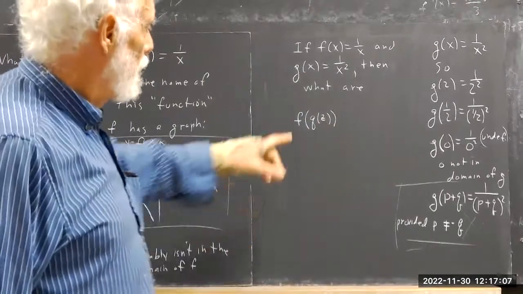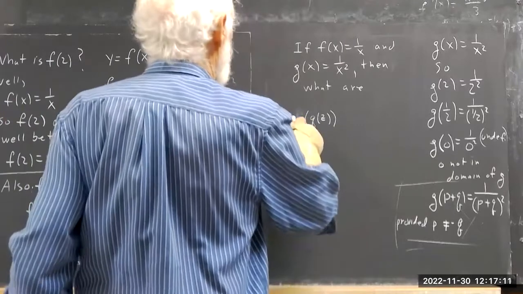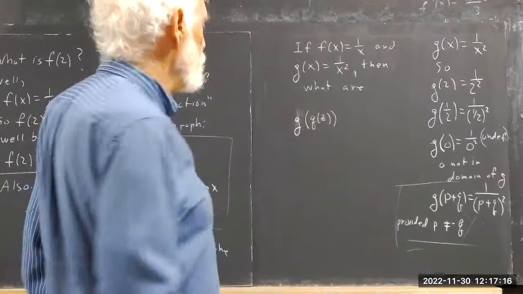First of all, what would g of q of z be? I'll do g because we just did g. That was fresh in your mind. What's g of q of z?